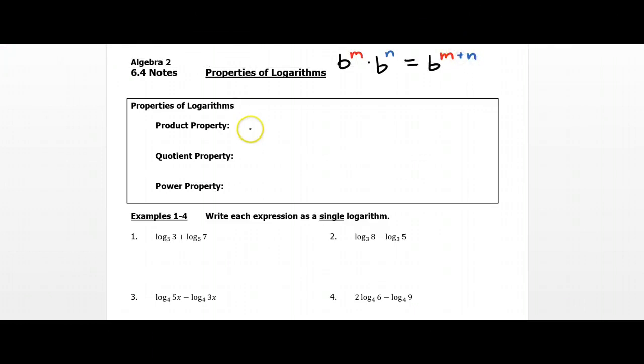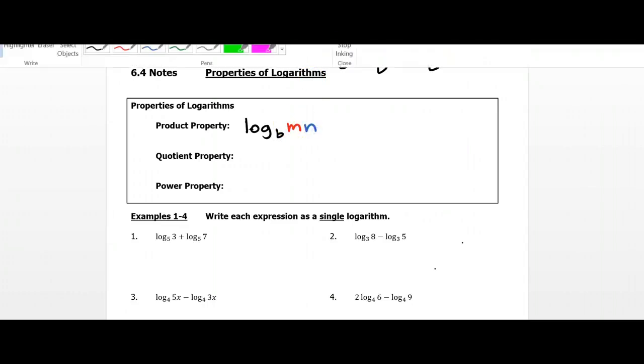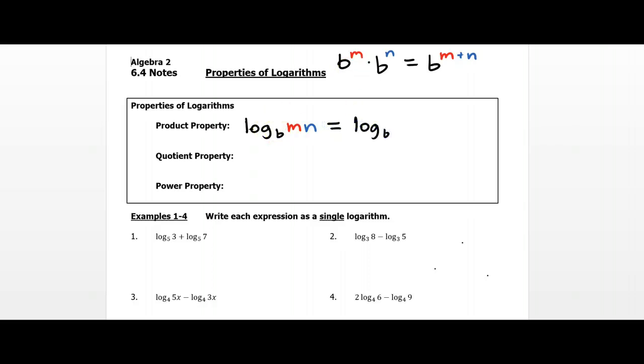Well, the product property of logs is somewhat similar. If I take the log base b of a product, let's say the product m times n, then that's going to be equal to the sum of the log base b of m plus the log base b of n.